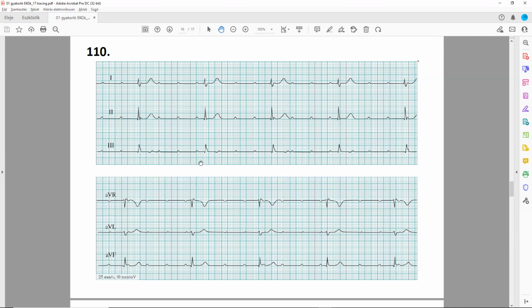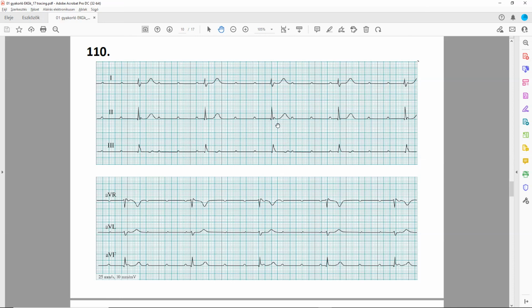So this could mean that this is not junctional, it's possibly a ventricular rhythm. And the P waves are independent from the QRS complex. So you can say that this is a third-degree AV block, but we haven't dealt with third-degree AV block yet. So you can say that it's a junctional escape rhythm or ventricular escape rhythm. This is what you can say.